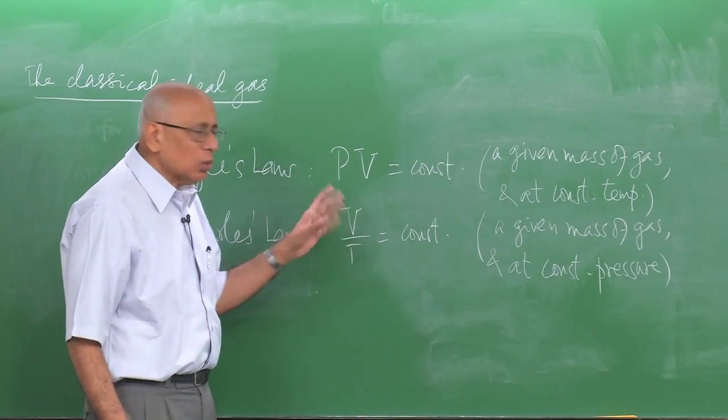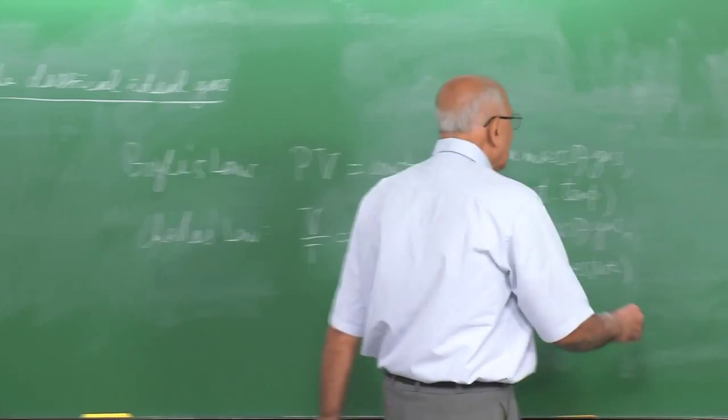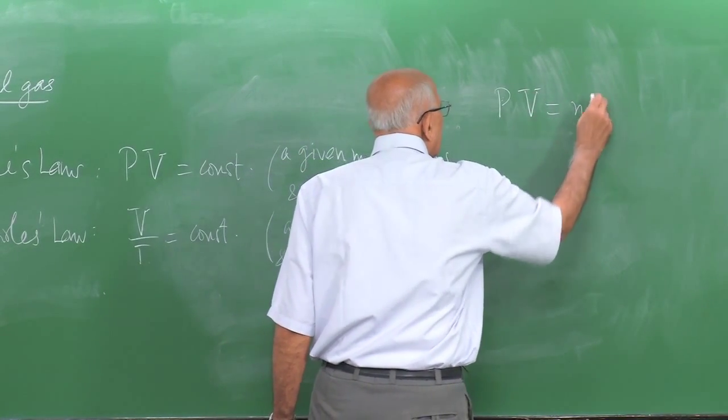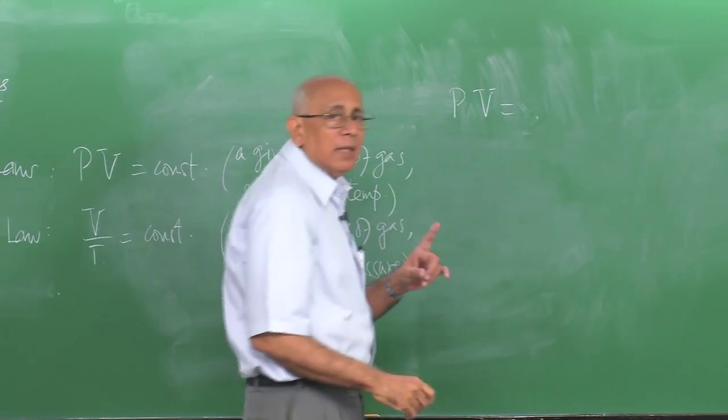Together these two laws could be subsumed into a single law, which today we know as PV equal to N times RT, which I will write in a slightly different way.